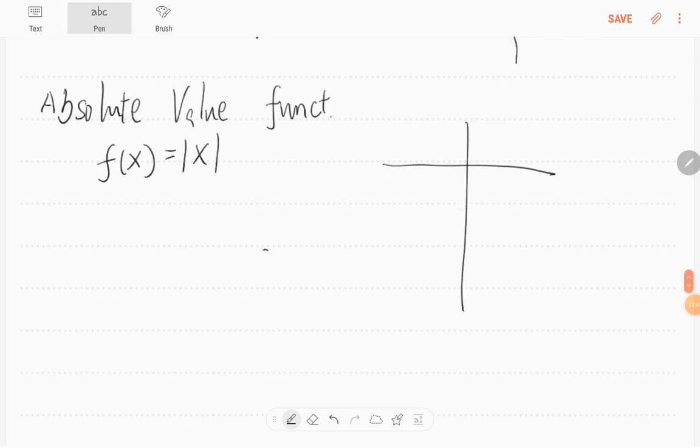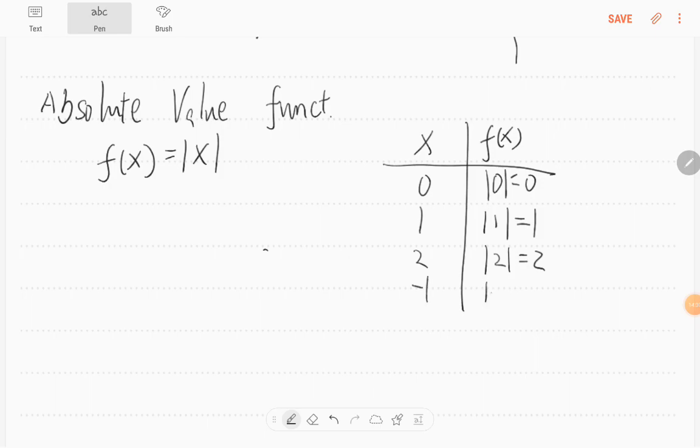So here are some sample points. x equals 0, f equals the absolute value of 0, which is 0. x equals 1, the absolute value of 1 equals 1. x equals 2, the absolute value of 2 equals 2. How about negative numbers? The absolute value of negative 1 equals 1. The absolute value of negative 2 equals 2.